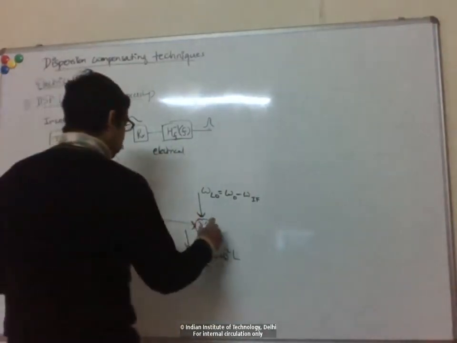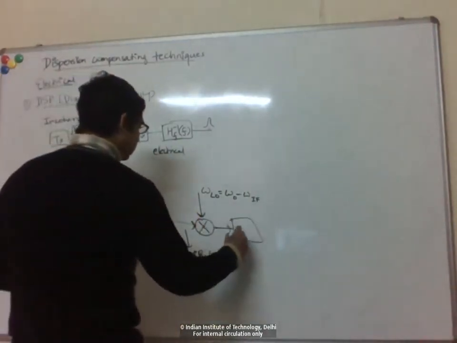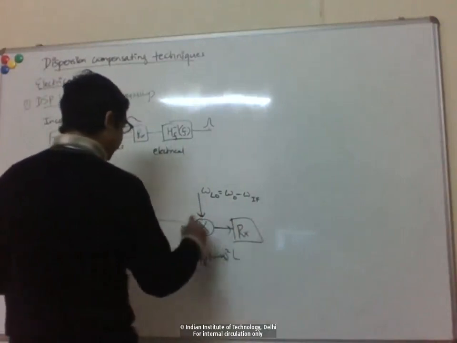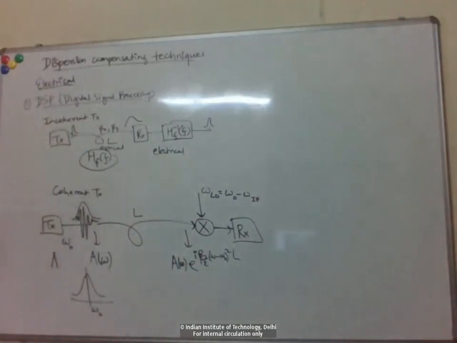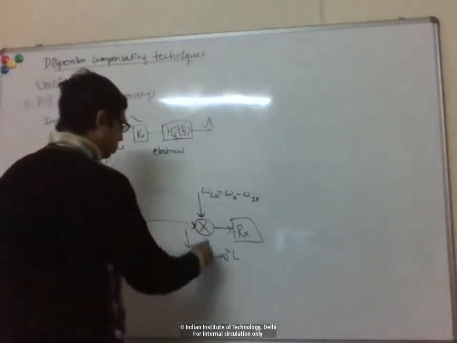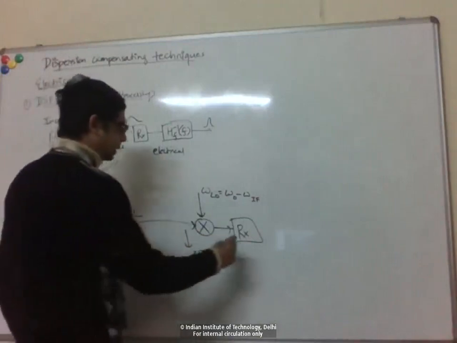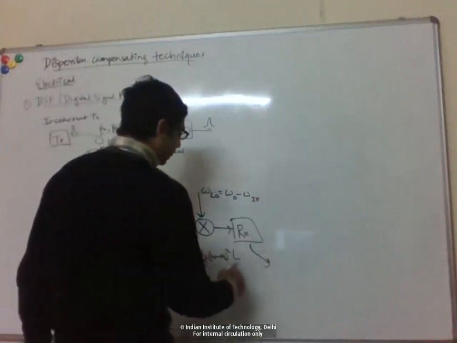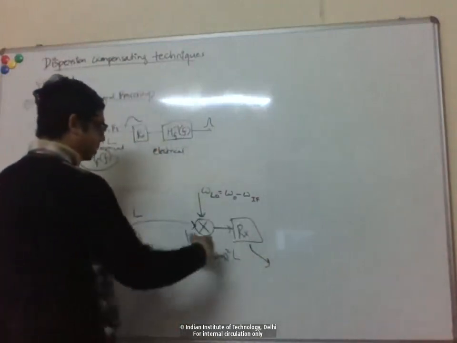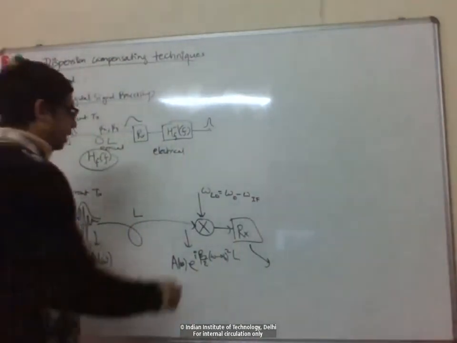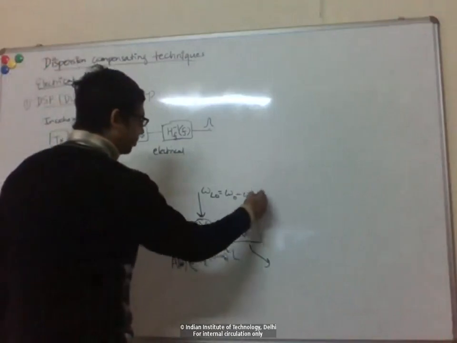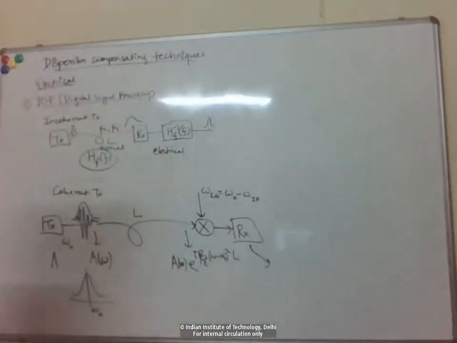You beat this local oscillator with the incoming signal and then send it on to your receiver. When you beat two signals, what you will see at the detector will be the beat frequency, which is at this difference frequency, omega IF.